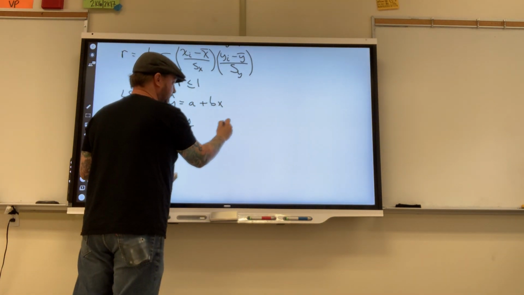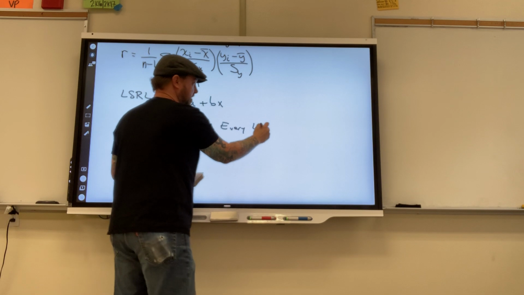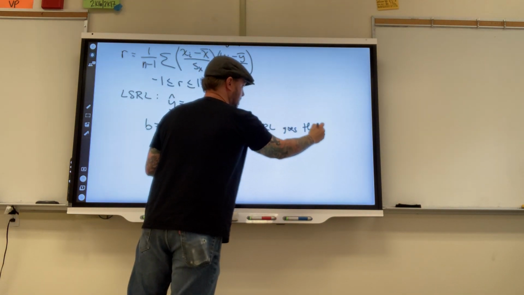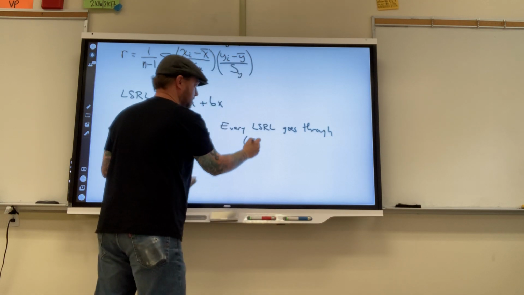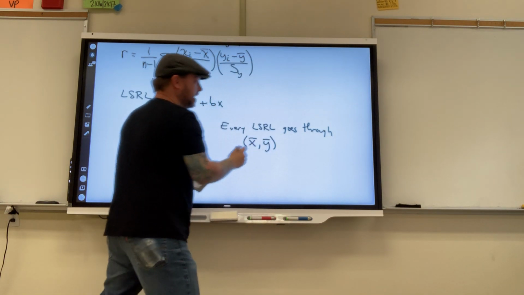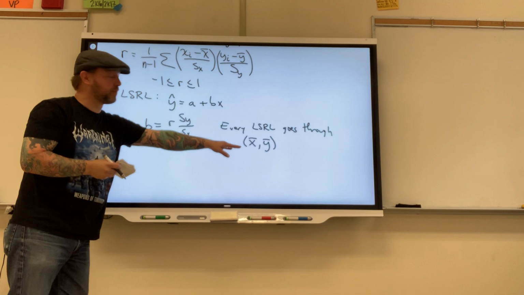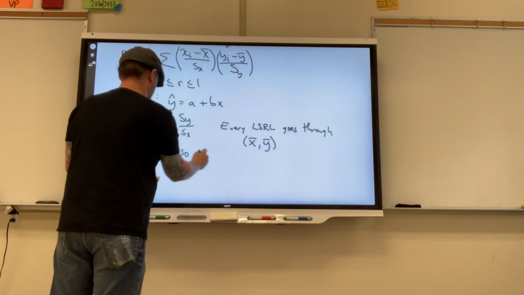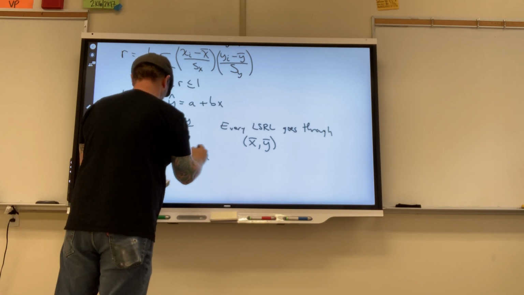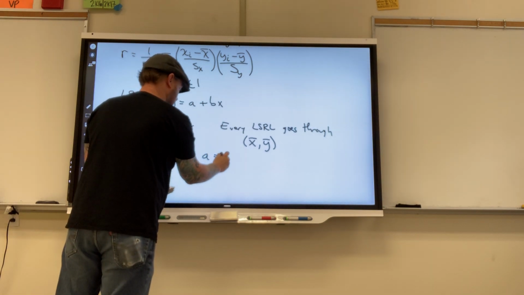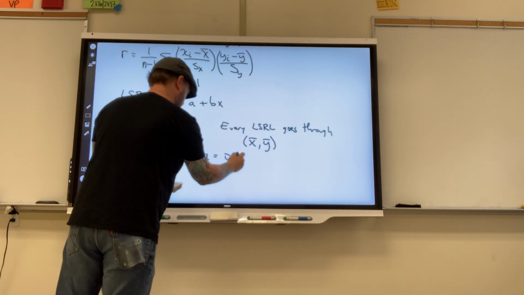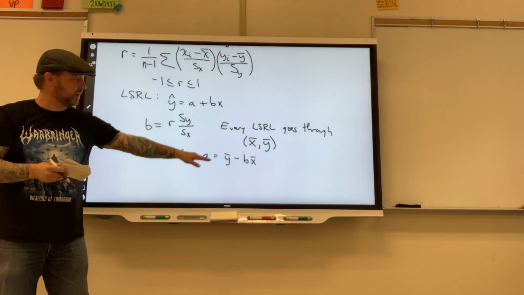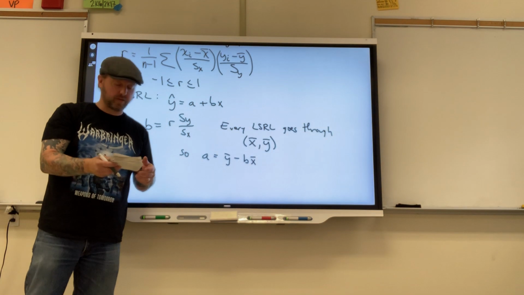Every least squares regression line goes through the point x bar, y bar. So a equals y bar minus b x bar.